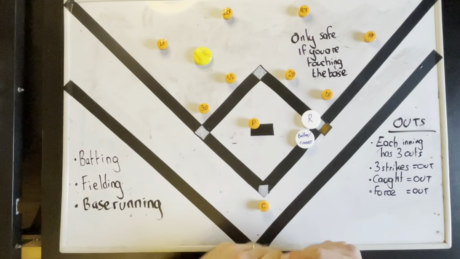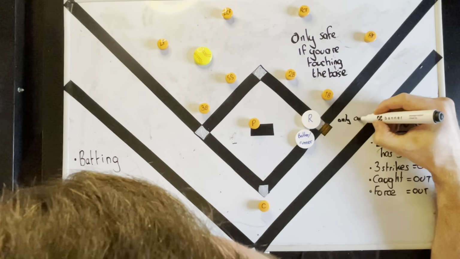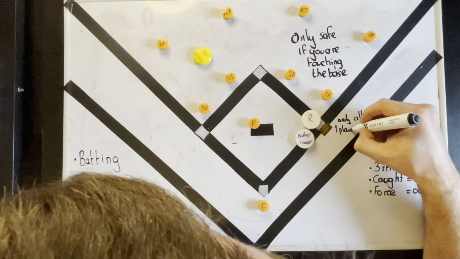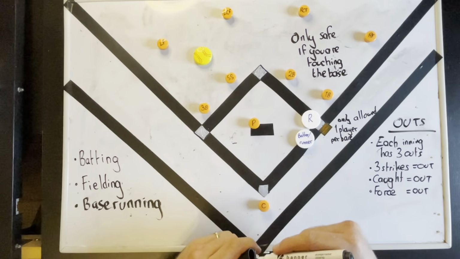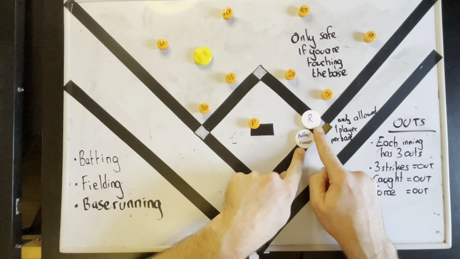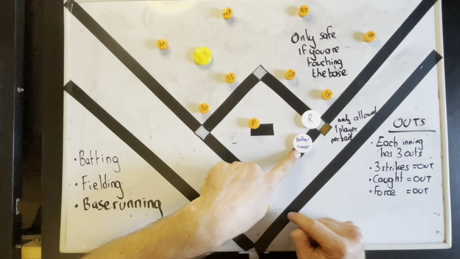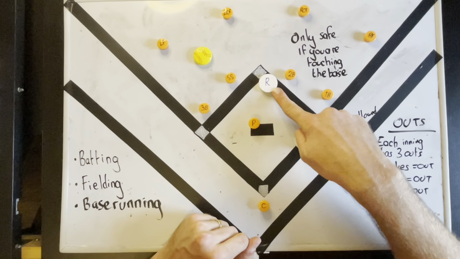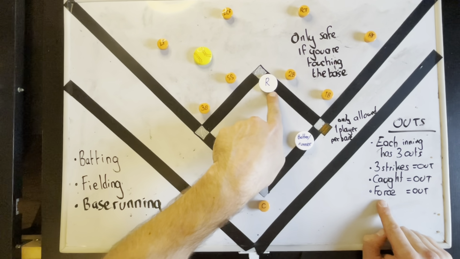But there's a problem now, because I'm only allowed 1 player per base. So what's happened here? I've got 2 players per base. Because this batter has turned into a runner who's now running to first, this runner has been forced, notice that word, forced to run to second base.